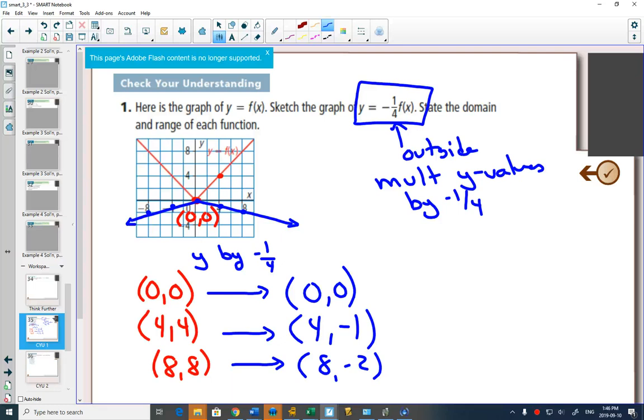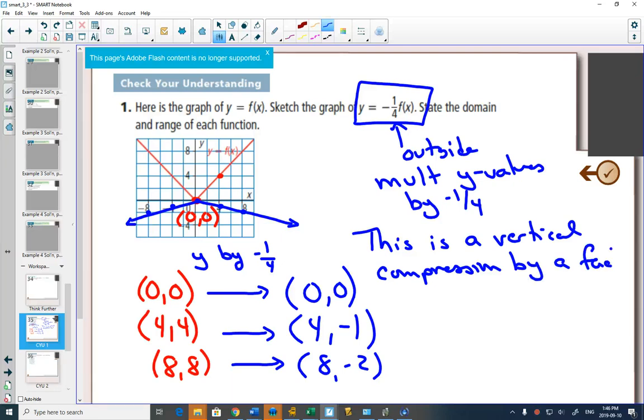Now, if we were going to describe what has happened, we would say this is a vertical compression because it's been squished by a factor of 1/4.